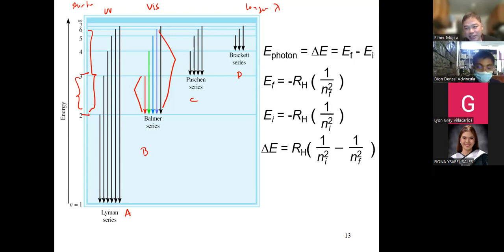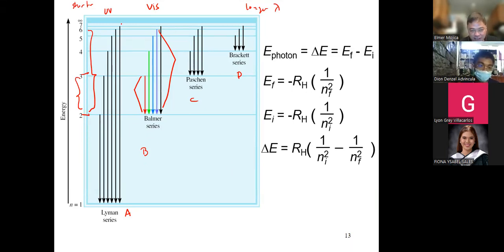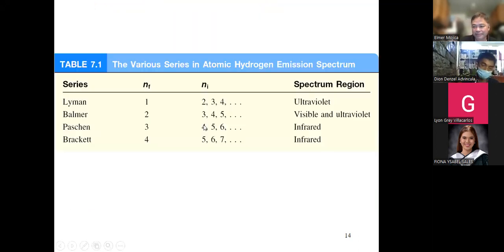Ano yung magiging basis mo? The energy. The highest energy is here because of the difference that you have here. So that means that is the one in the shortest wavelength. This one is low energy, so that's the one in the longer wavelength. Okay?